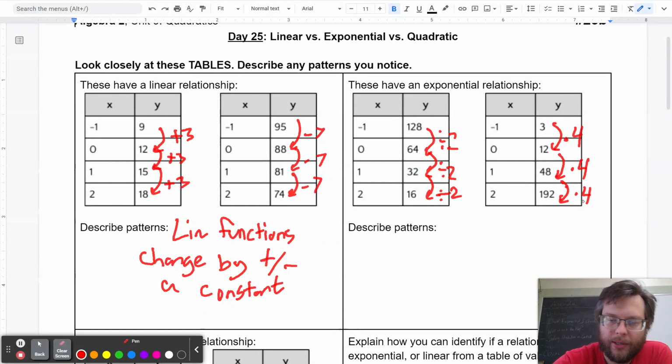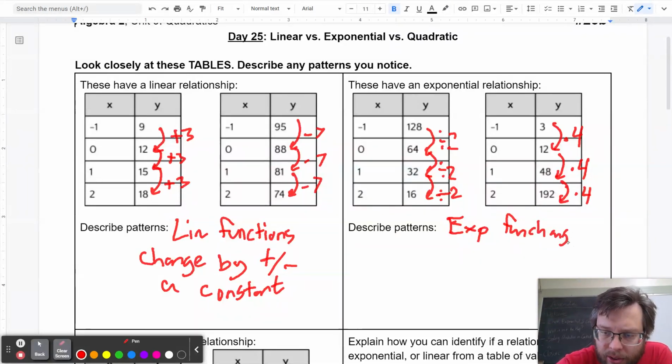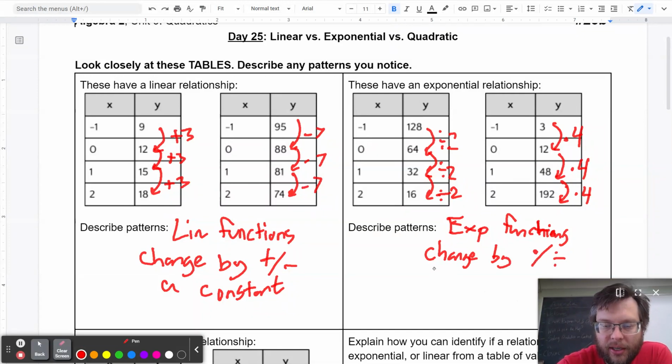But that's not the important thing. The important thing is that exponential functions change by multiplying or dividing a constant.